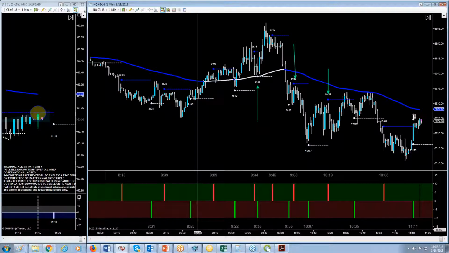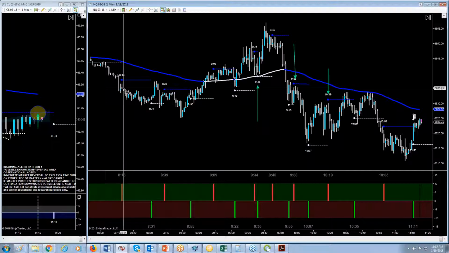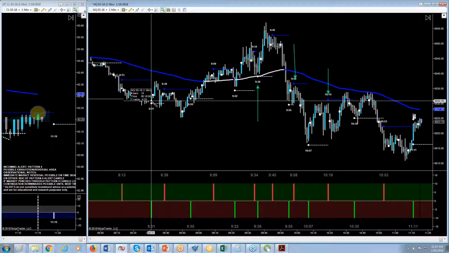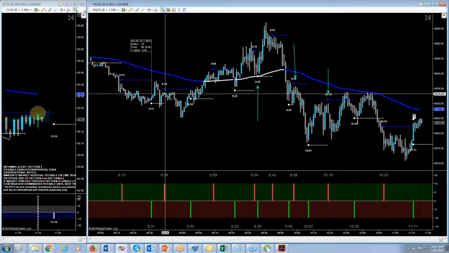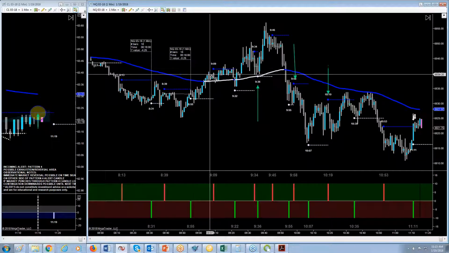What would happen if you just traded from signal to signal? Okay, ready? From here to here is a winner. From here to here is a winner. Small one.